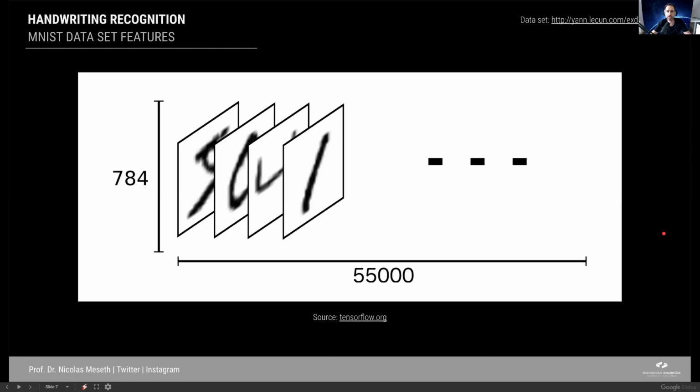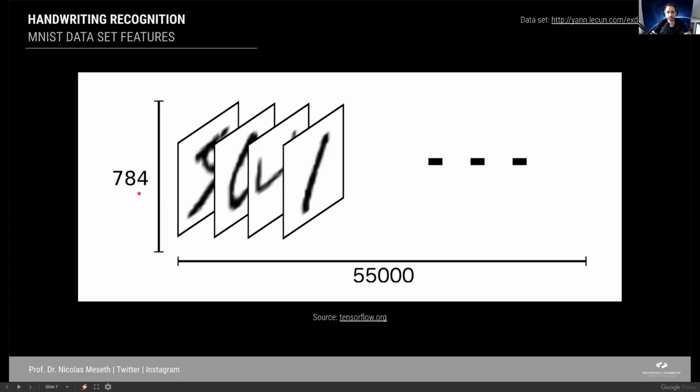These images are represented as vectors of numbers, and they are 28 by 28 pixels, which makes 784 numbers for one image. So what we actually have is a vector of 784 numbers, and we have 55,000 of them, or depending on the version, 60,000.